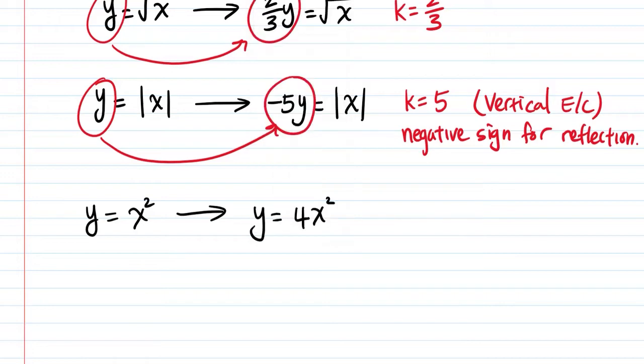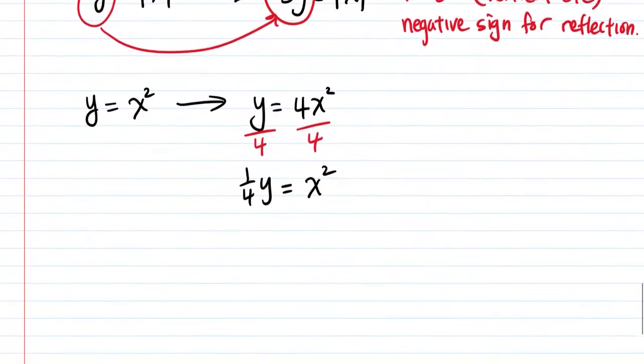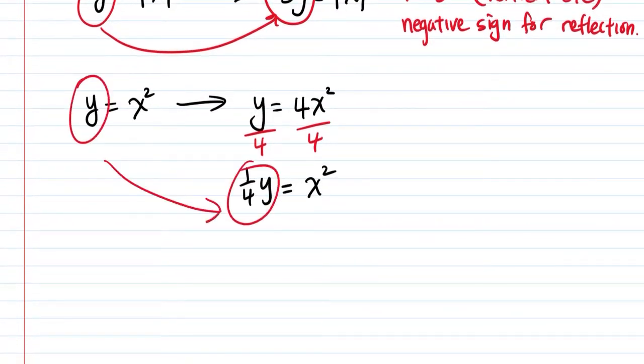We can just divide the whole equation by 4, so it can be written as 1 over 4y is equal to x squared. So the y becomes 1 over 4y. So the k is now 1 over 4.